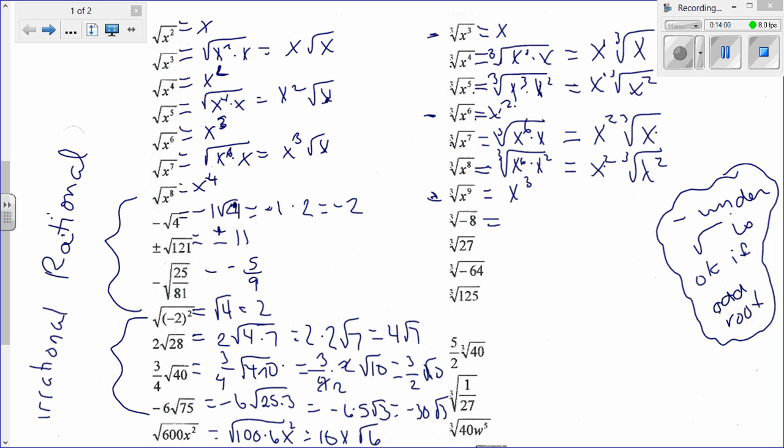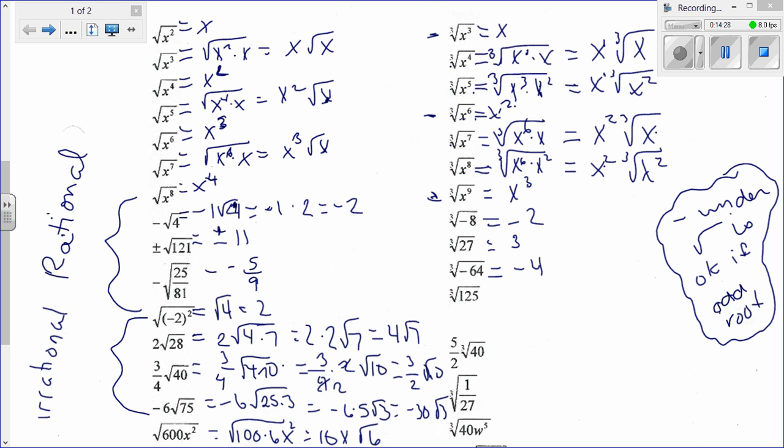So I'd have to ask myself, what can I multiply by itself 3 times to give me negative 8? So negative 2 times negative 2 is positive 4 times another negative 2 is negative 8. So negative 2 is my answer. The cube root of 27 is 3. Cube root of negative 64 would be a negative 4.